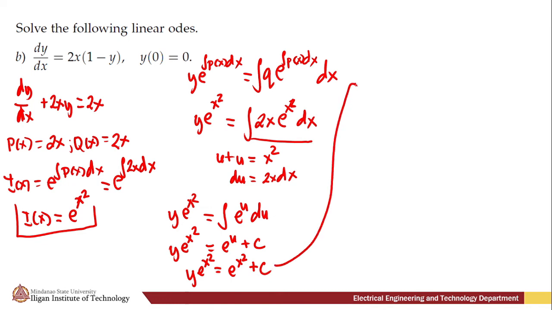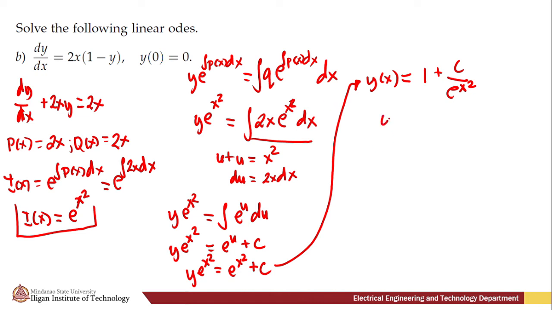Now, to simplify the value of our solution y of x, we divide the whole equation by e raised to x squared. So we have y of x equals 1 plus c over e raised to x squared. So now, to get the value of our arbitrary constant c, we substitute our initial condition.